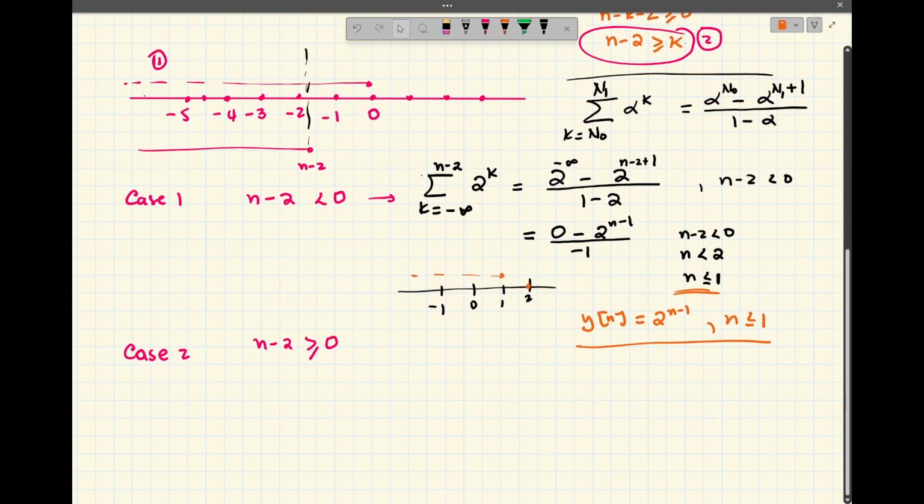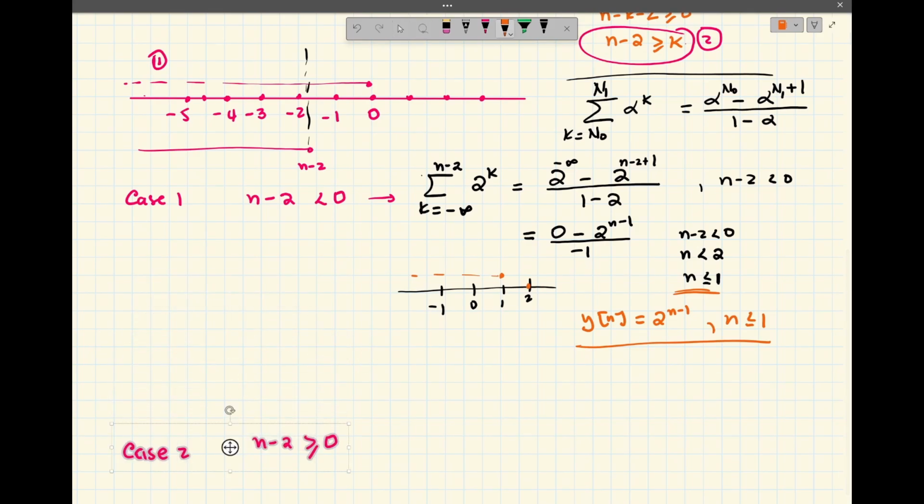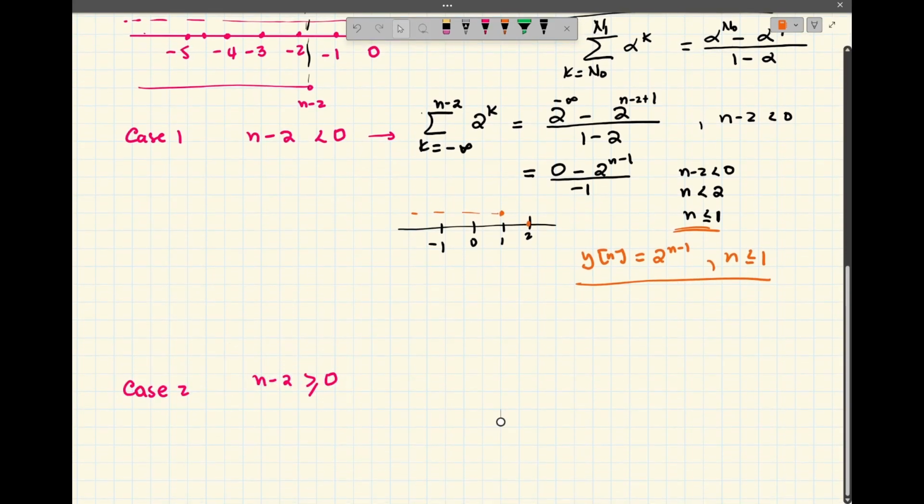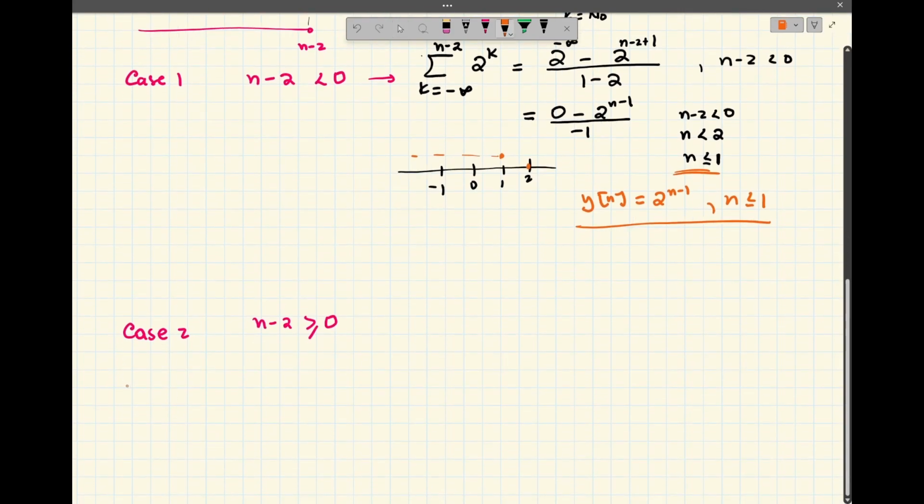Okay, so then for the second case, when n, so we have this scenario, so we have 0.